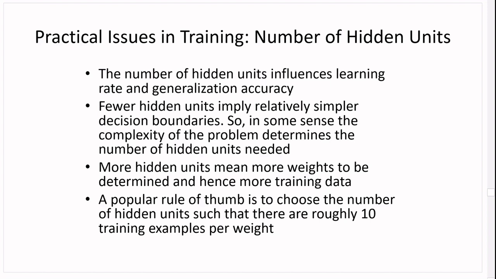Now, the number of hidden units also places a requirement in terms of training data, because if you have a very large number of hidden units, then correspondingly you should have a reasonably large number of training examples, so that there is a good match between the training data size and the number of unknown parameters or weight values that you need to calculate. So a popular rule of thumb is to choose the number of hidden units such that there are roughly 10 training examples per weight. This is again a rule of thumb that you can use to figure out how many hidden units you should have.